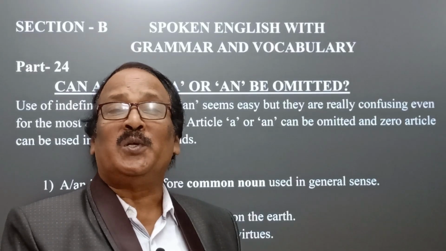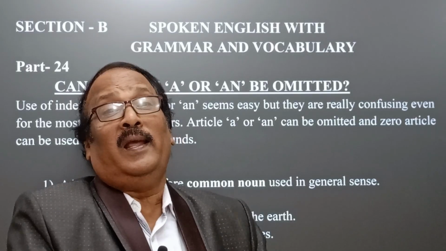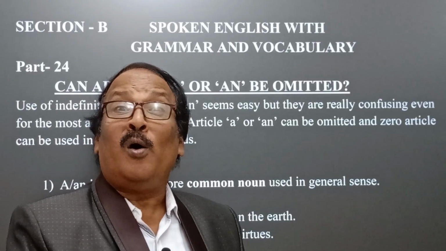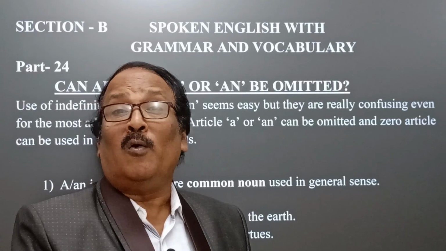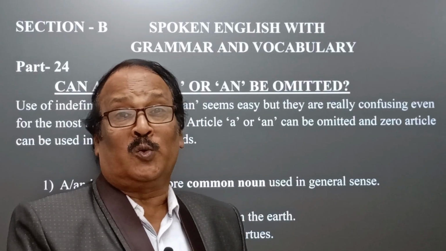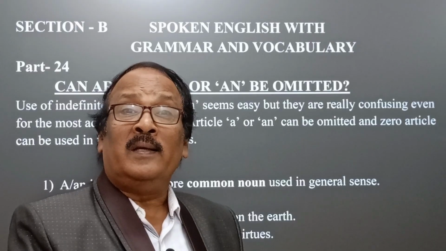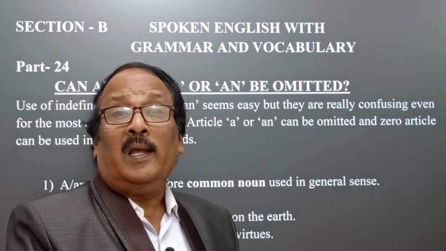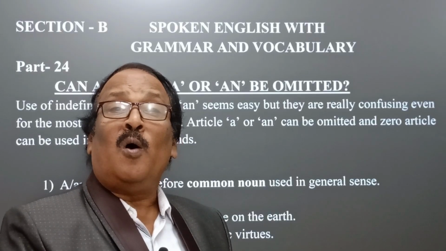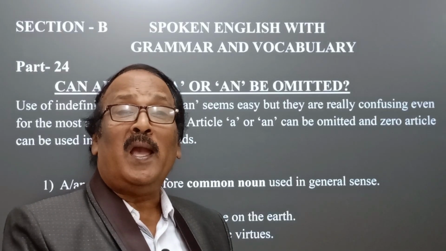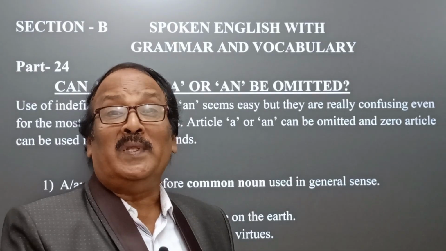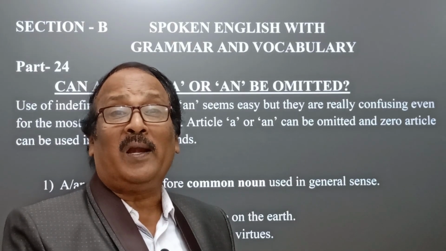We have also discussed how article a is used before any adjective or any singular countable noun beginning with a consonant sound. Similarly, article an is used before any singular countable noun or any adjective qualifying that noun beginning with a vowel sound. This is the most important factor.